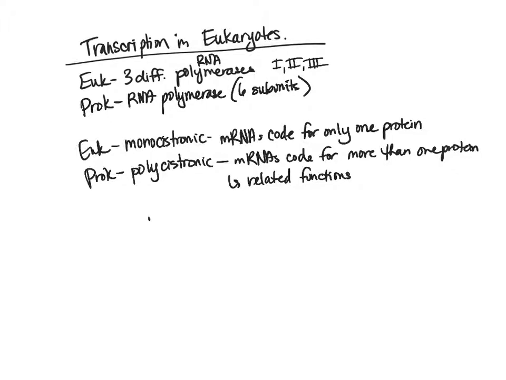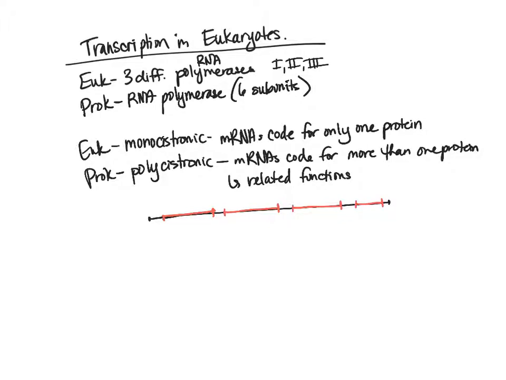So if we have our mRNA transcript or RNA transcript in a prokaryotic organism, we would have a gene, let's say a gene here, a gene here, a gene here, a gene here, and then each of these sections on the mRNA are going to code for different proteins, but those proteins likely will then come together and make the finished product.